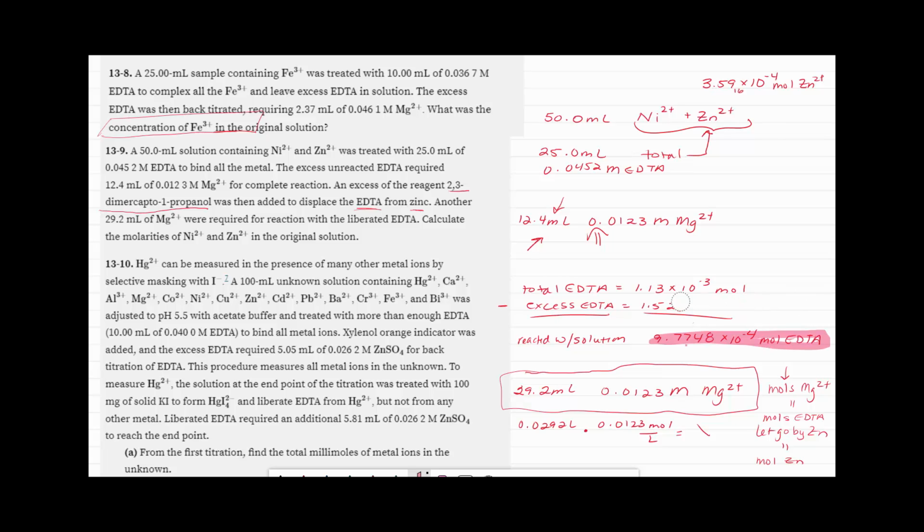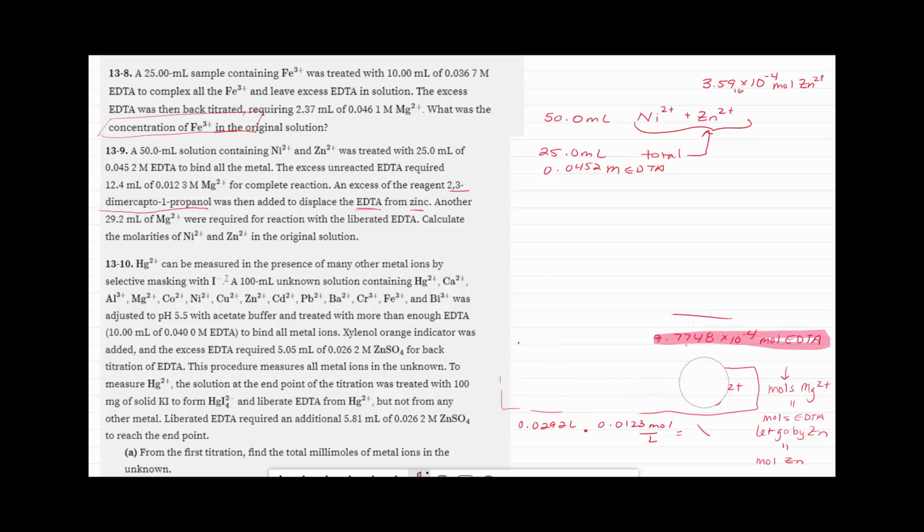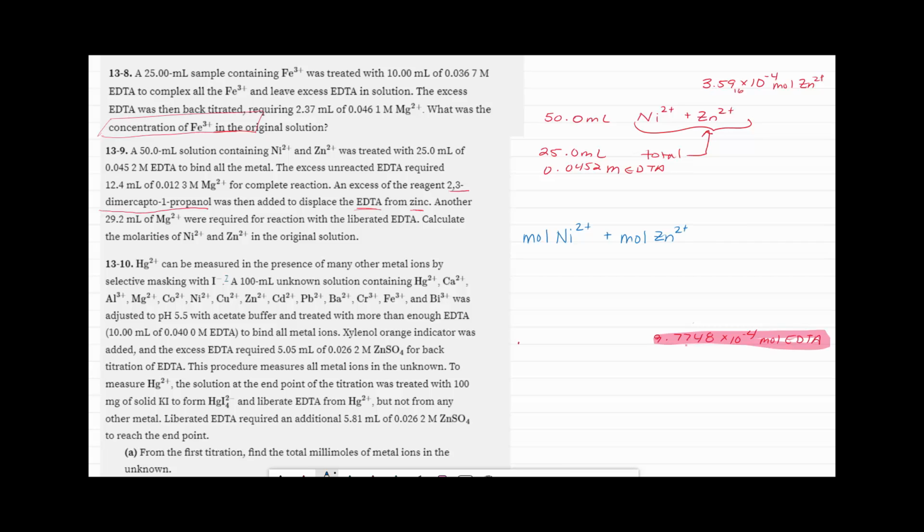I'm going to erase the rest of it, just to make it a little easier to follow. So moles of nickel plus moles of zinc will equal the moles of the EDTA that reacted with the original solution.